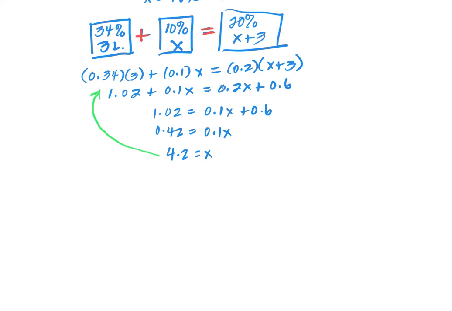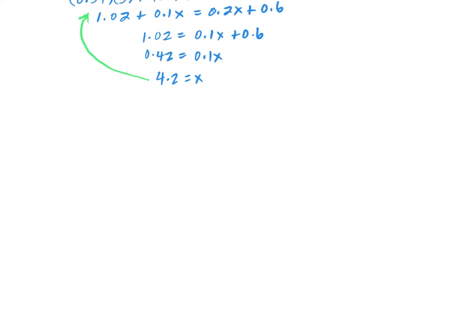So my sentence is going to start out with a thus, comma, well, it looks like this: Thus, 4.2 liters must be added, or I can get more specific, 4.2 liters of the 10% acid solution must be added.